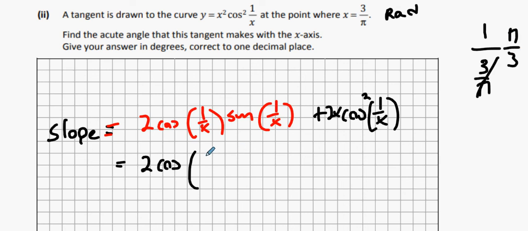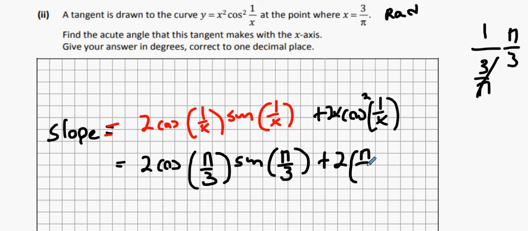So that makes my life easy. And that's sine pi over 3, and that's going to be 2 times x. x is pi over 3, and this is going to be cos squared pi over 3. Lads, you're just going to put all of that into your calculator, one swoop, get it done.